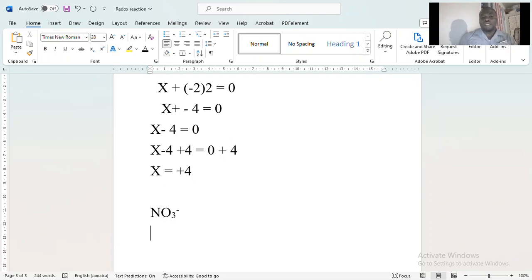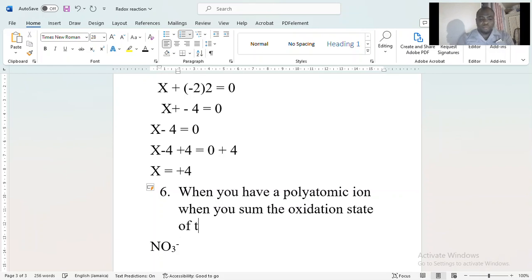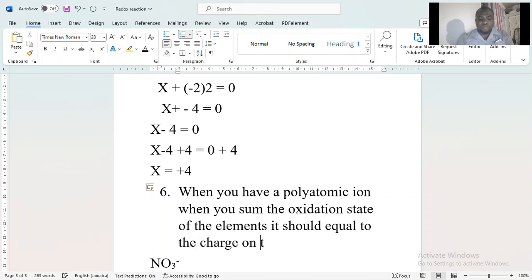And the rule is, we're working with a polyatomic ion, when we sum the elements, it should equal to the charge on the ion.